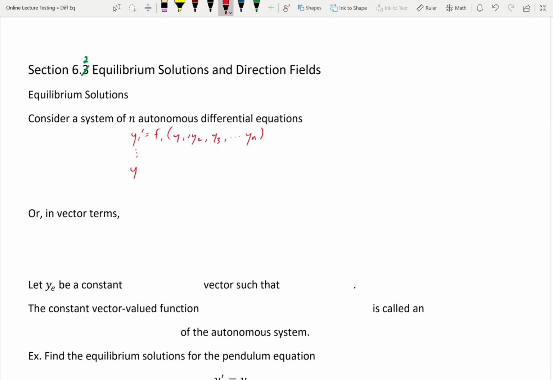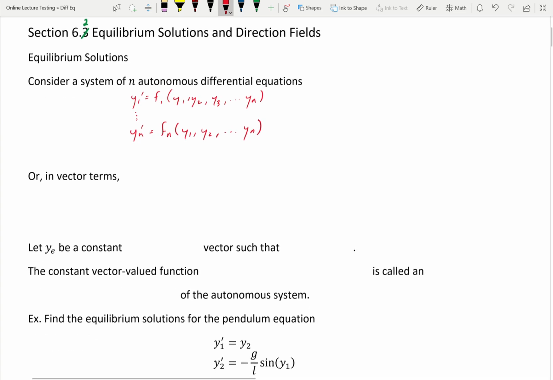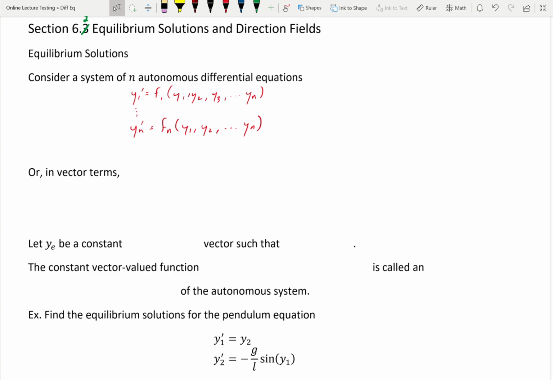And we're dealing with n of them, so y sub n prime is equal to f sub n of y sub 1, and so on. Again, this is notation that we've seen before. It's just a lot quicker to write. The nice thing is we can talk about systems of equations. So in vector terms, we're going to be dealing with y prime is equal to f of y. And that's what type of functions we're dealing with.